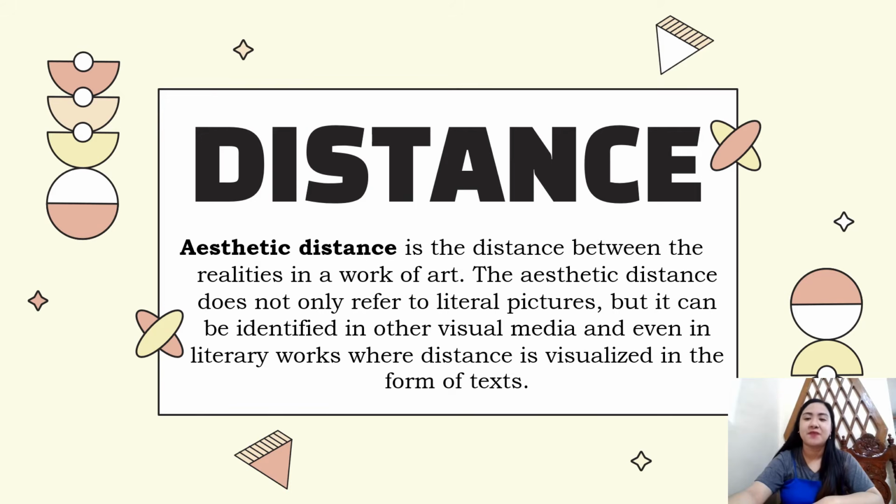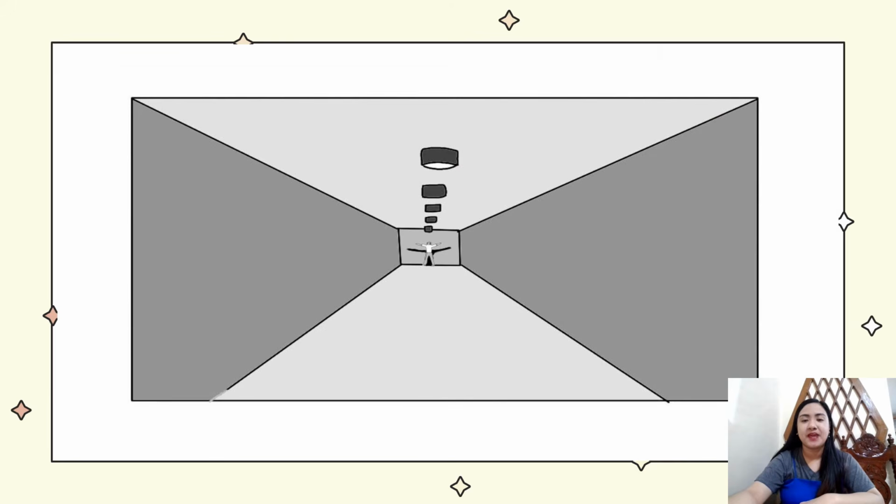Let's proceed. The next one is distance. Aesthetic distance is the distance between the realities in a work of art. The aesthetic distance does not only refer to literal pictures, but it can be identified in other visual media and even in literary works, where distance is visualized in the form of text. Here is an example of distance.